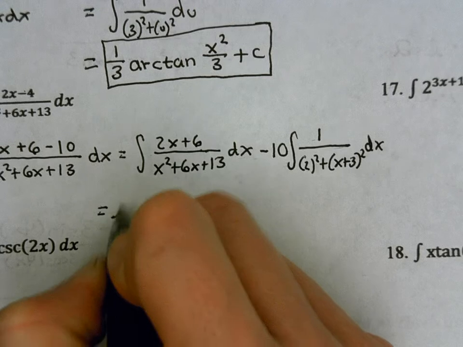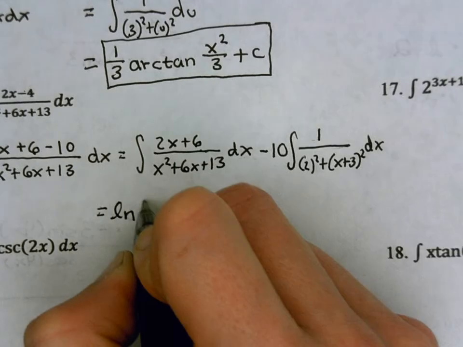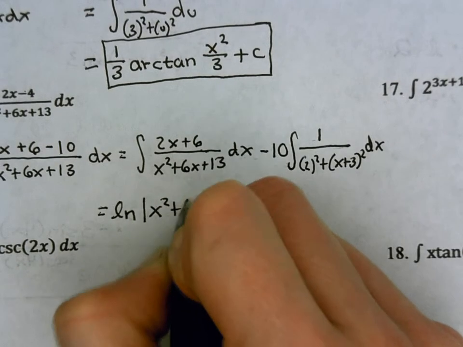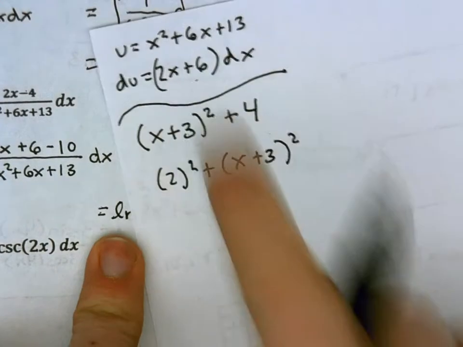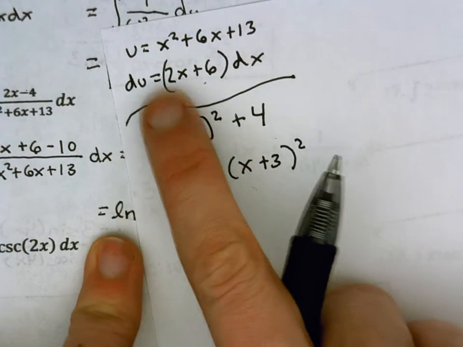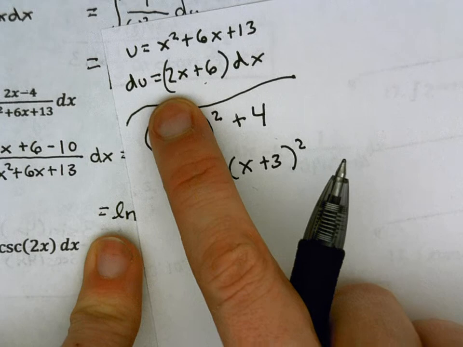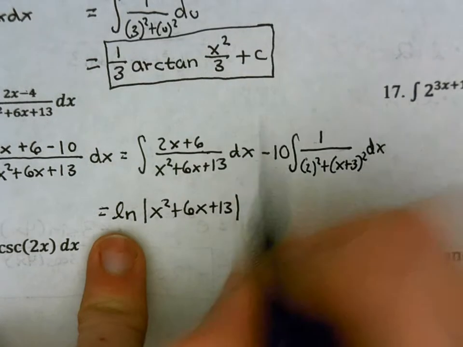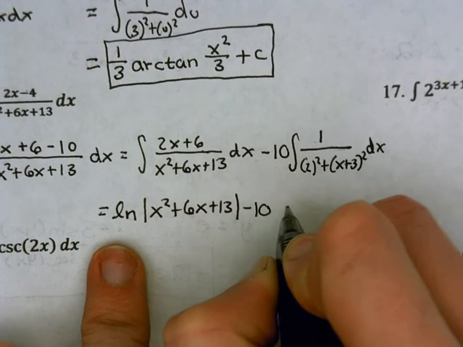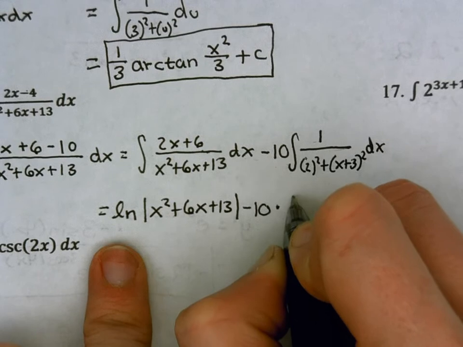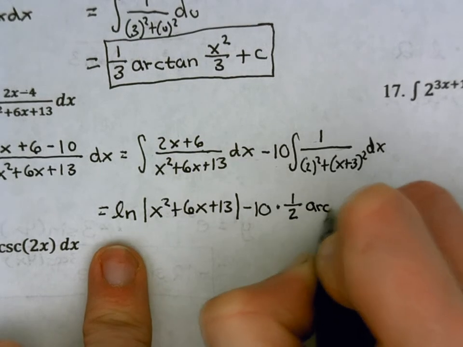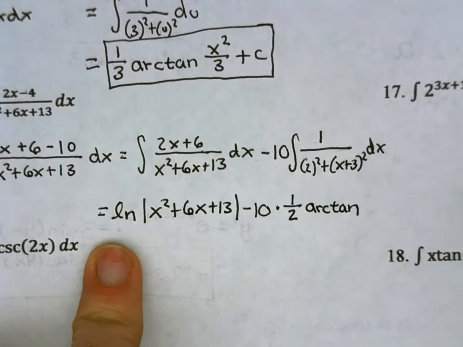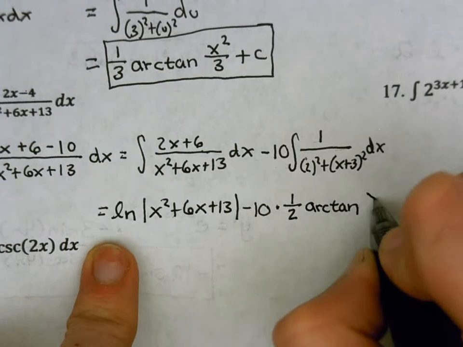Natural log of x² + 6x + 13. And there's no extra scalar because we didn't have to divide anything over with our u du. It was a direct u du. And then we have our arctan, which is 1 over a arctan u over a plus c.